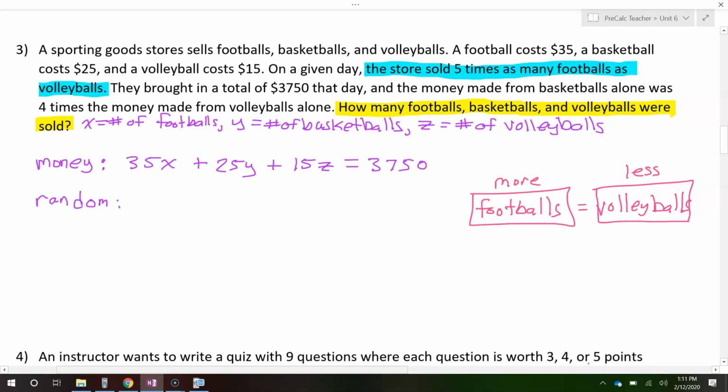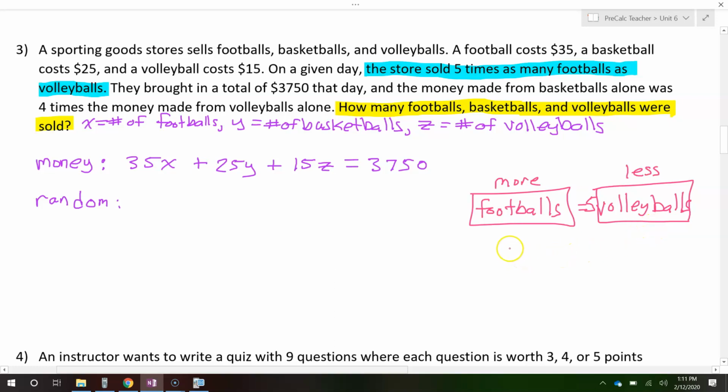So we have more and we have less. Okay, right. But we're trying to make an equation. So the left side and the right side have to be equal to each other. So if I'm going to multiply anything, I need to multiply the lesser one to make it equal to the larger one. So can we agree that the footballs will equal 5 times the volleyballs?